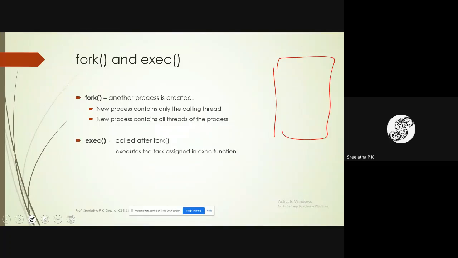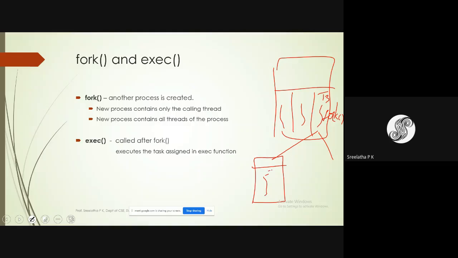Okay, so how the program will be: now this is the thread T3 which has invoked the fork system call. The new child process which is created can be only this thread T3, or it can be with all the threads T1, T2, T3, and this is the new child process which is created. So there are two ways in which the process can be. Fine. So that is the issue here.